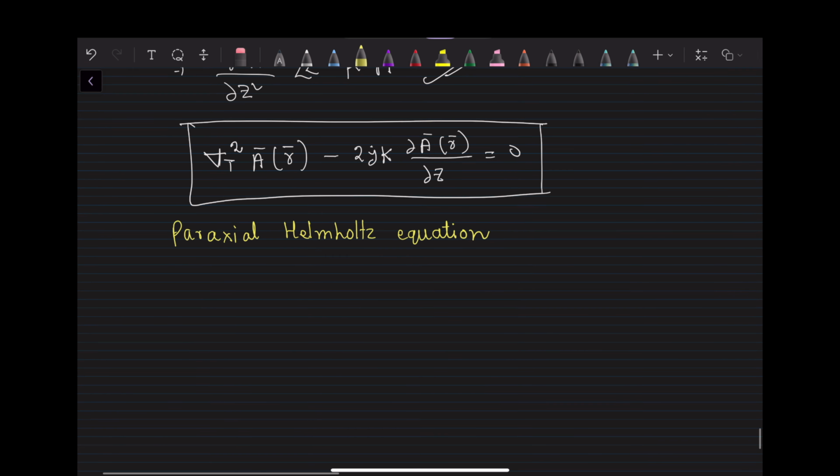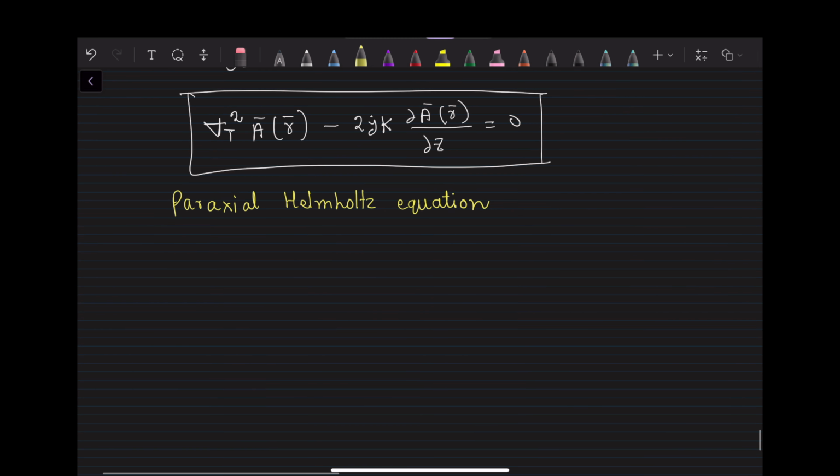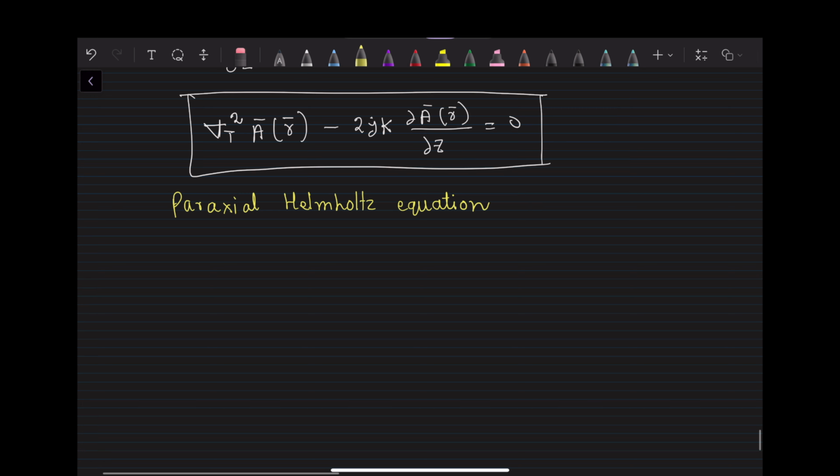Right. Now there are a lot of solutions to this paraxial Helmholtz equation, but we'll be discussing only one, that's the Gaussian beam, which is very central to nonlinear optics and optics in general. And how does a Gaussian beam look like?